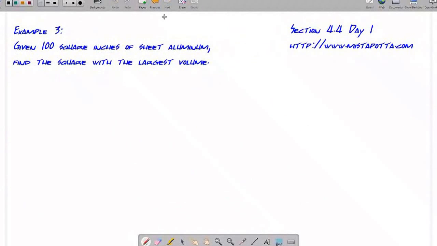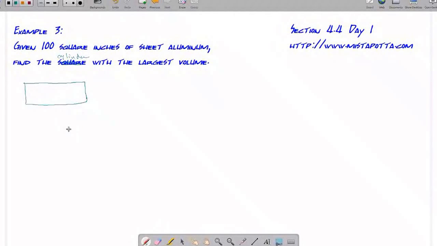The thing is, when I am in business, I'm going to want to create a container that uses the smallest amount of material. So let's say that I have 100 square inches of sheet aluminum. I actually want to find the cylinder with the largest volume. So what's going to happen here is I'm going to have a body.